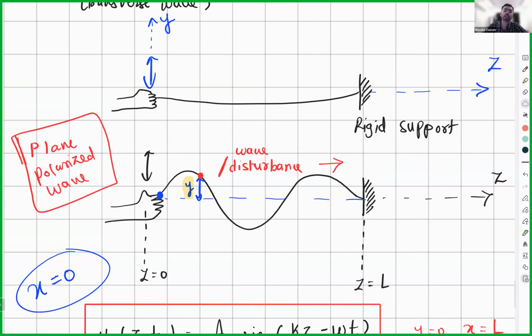Although the wave is traveling towards z, the vibration of each particle is along the y axis. And the wave that you look at is lying along a yz plane. That is why it is called plane polarized light or linearly polarized light, because the oscillations of the particle are along y direction only.